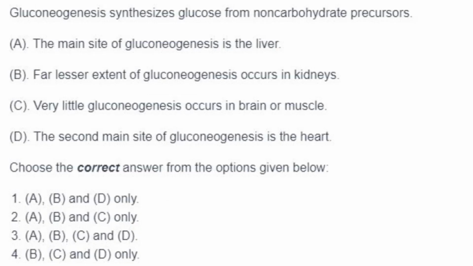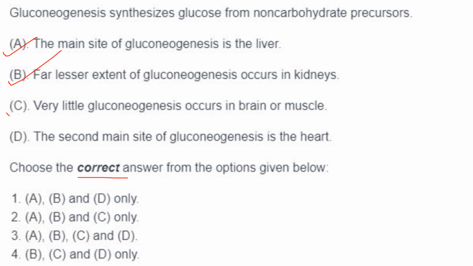Then next one. Gluconeogenesis synthesizes glucose from non-carbohydrate precursors. Yes, that is correct. So you have to choose the correct answer from the options given below. The main site of gluconeogenesis is the liver. Yes, that is correct. Far lesser extent of gluconeogenesis occurs in the kidneys. That is also correct. Very little gluconeogenesis occurs in the brain or muscle.